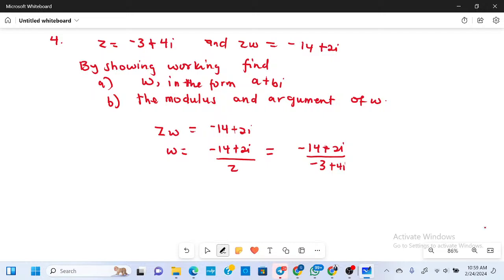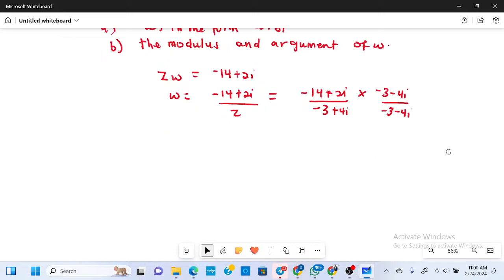So simplifying this, I'll use the conjugate: negative 3 minus 4i over negative 3 minus 4i. These expressions, you just have to use a calculator to punch, but since I'm solving with you, let's take it systematically.